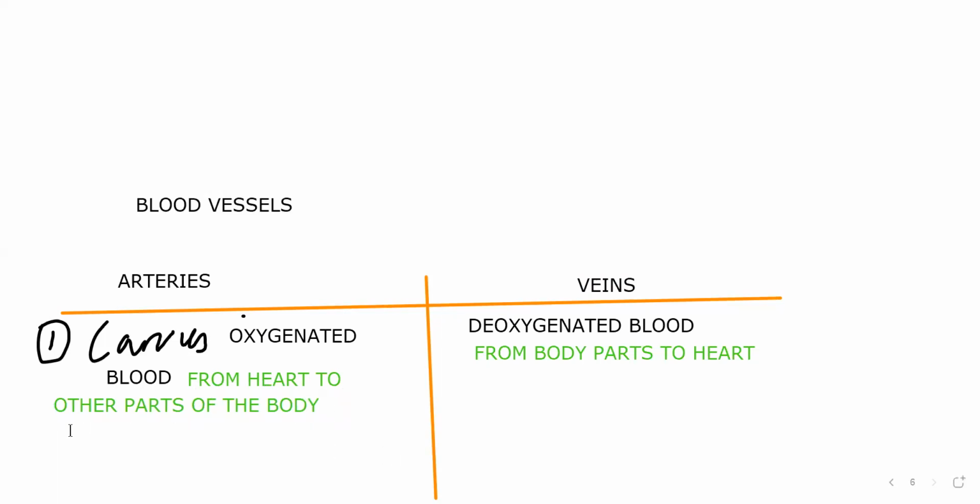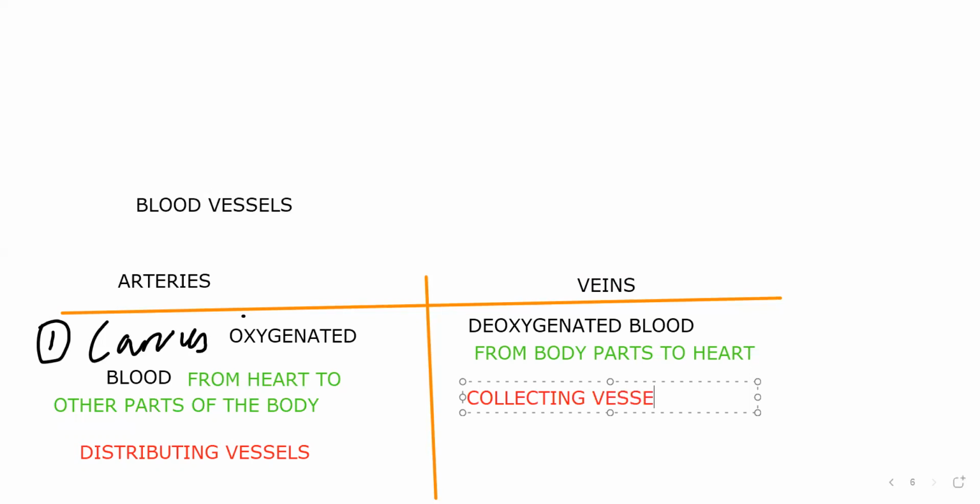Arteries are called distributing vessels, and the other one is called collecting vessels. Arteries are thick and elastic.